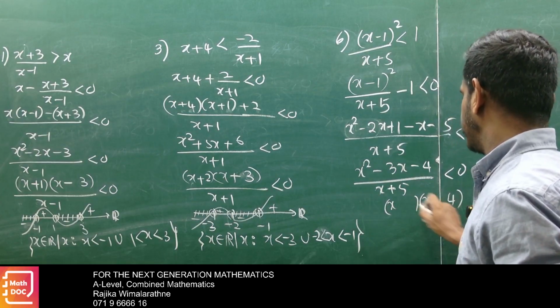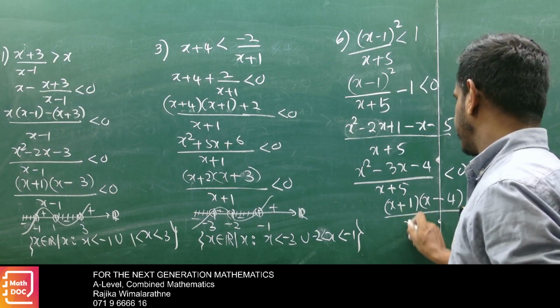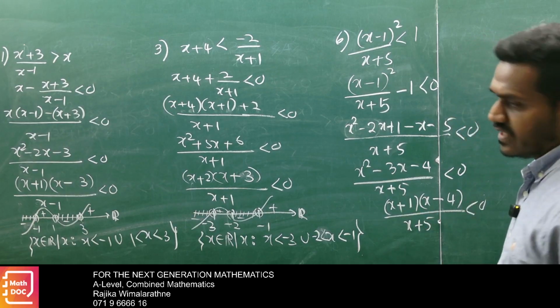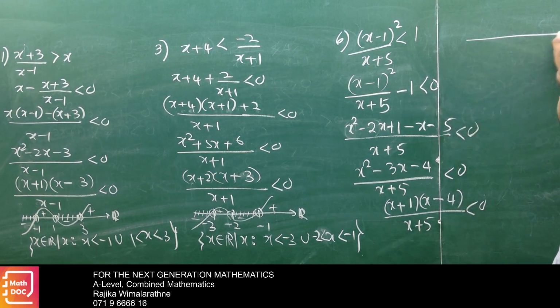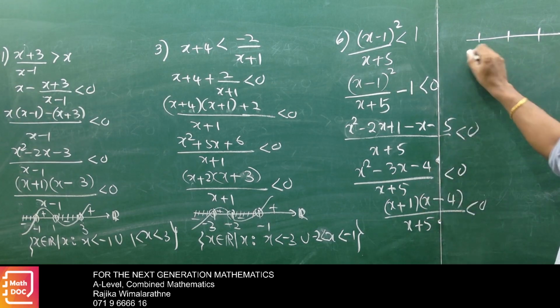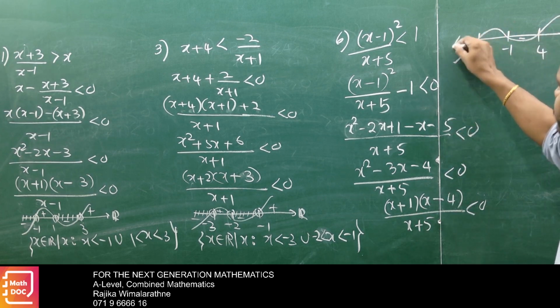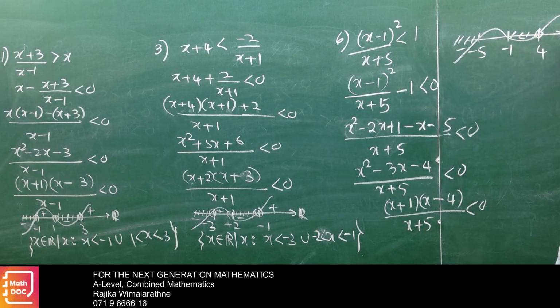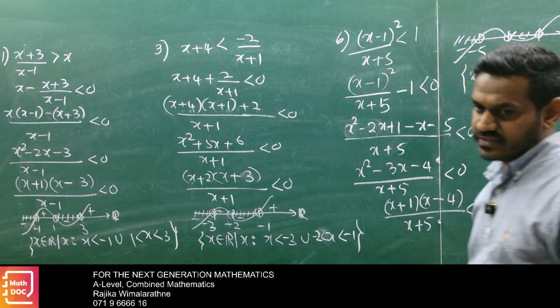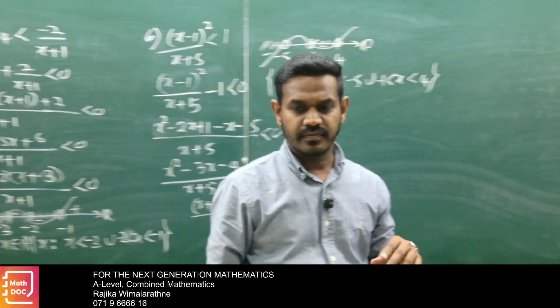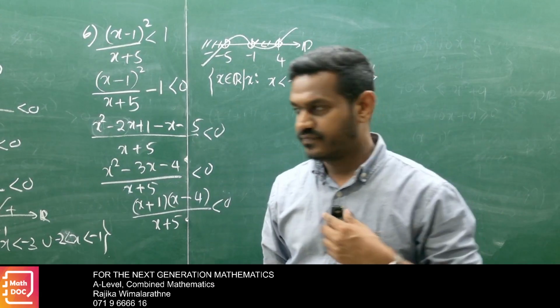Factors: x minus 4, x plus 1, with signs minus, plus. Now we have factors, so we can evaluate it. The zeros are minus 5, minus 1, 4. Negative region here and here on the real number line, no equality. Final answer: x is an element of the real set such that x is less than minus 5 union x in between minus 1 to 4. Continue.